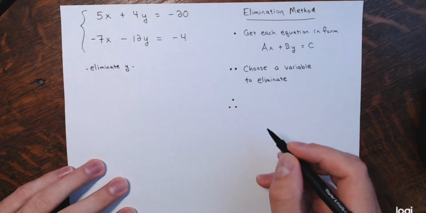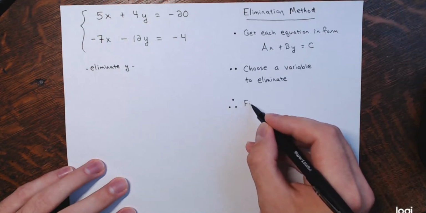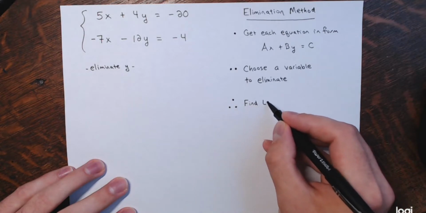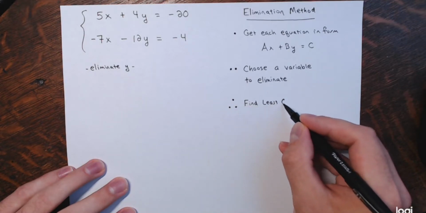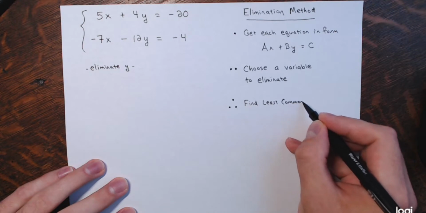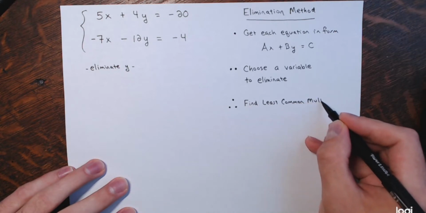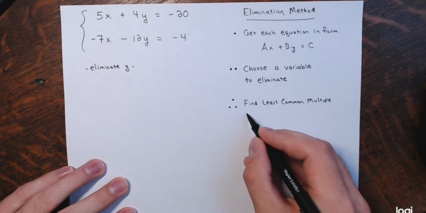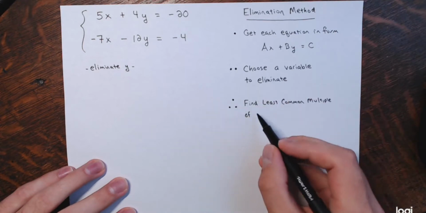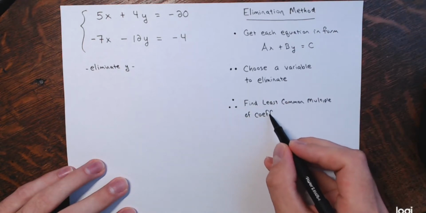Third is find the least common multiple of the coefficients of this variable.